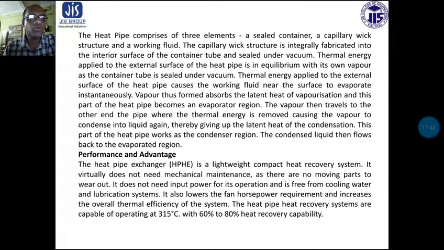It also lowers the fan horsepower requirement and increases the overall thermal efficiency of the system. Heat pipe heat recovery systems are capable of operating at 315 degrees centigrade with 60 to 80% heat recovery capability.